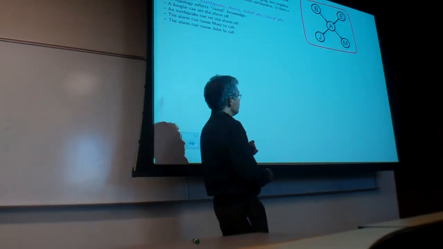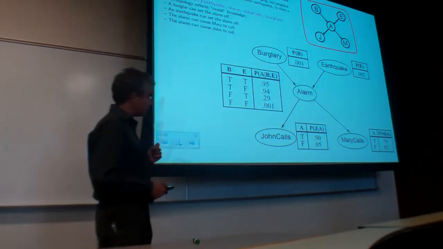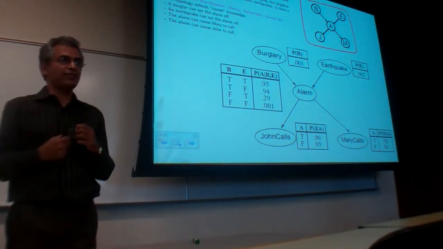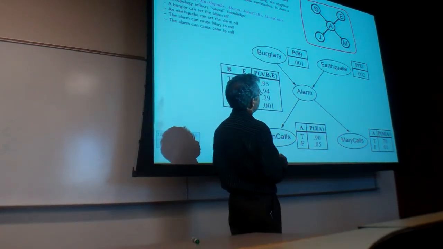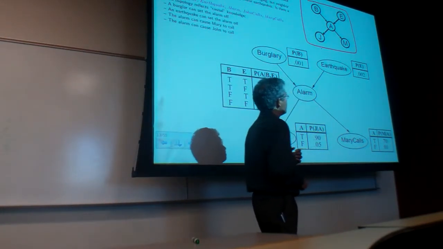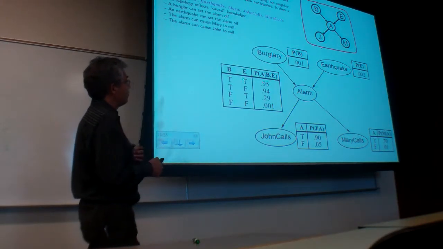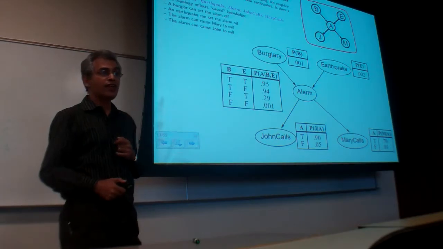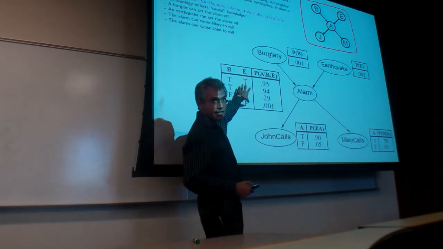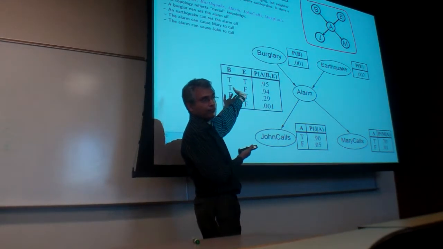If I do this, I will have this network. I just made up the numbers in this case. The burglary probability is 0.001, the earthquake probability is 0.002, and the alarm probability must be given with respect to burglary and earthquake. This is the conditional probability table, and this is how it looks.